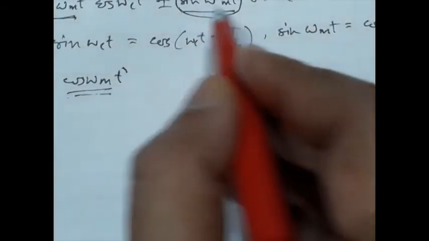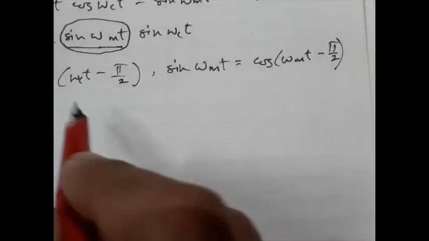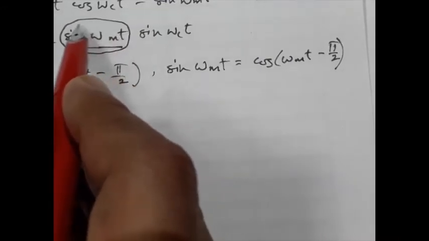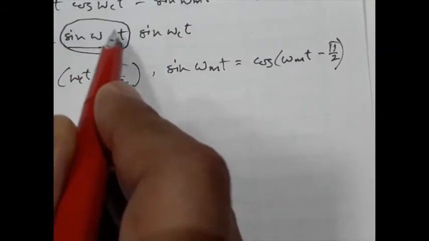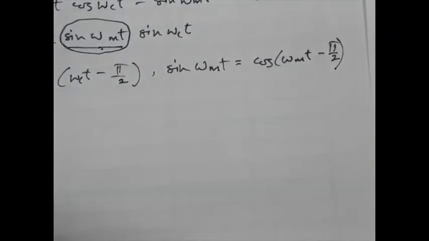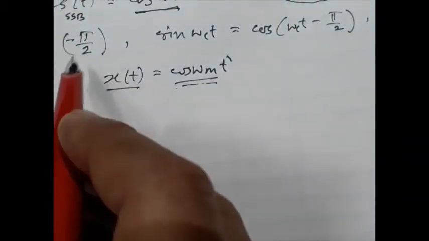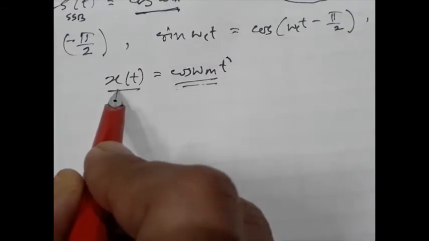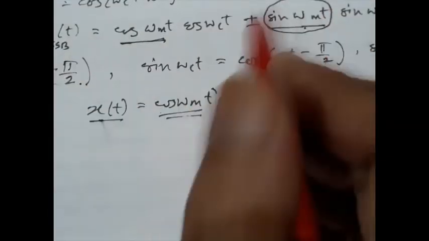See, sin omega mt is obtained by changing the phase by minus pi by 2, so this particular coefficient can be obtained by changing the phase of the baseband signal exactly by minus pi by 2, all the frequency components of xt must be changed by minus pi by 2 to get this part.